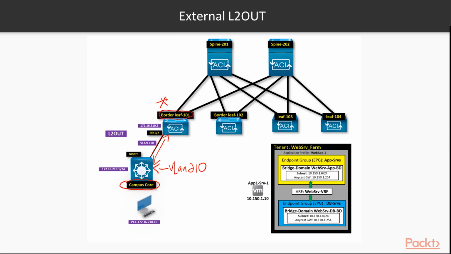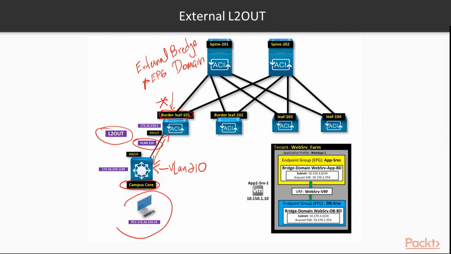What we need to do is allow that broadcast between that campus core and my ACI fabric, because we are going to designate an EPG that is basically external. Once we have the external bridge domain, we can apply the same principle as we always do in ACI, which is add a contract, add the endpoint groups, set the service and filters, and allow communication between my L2OUT through VLAN 210.